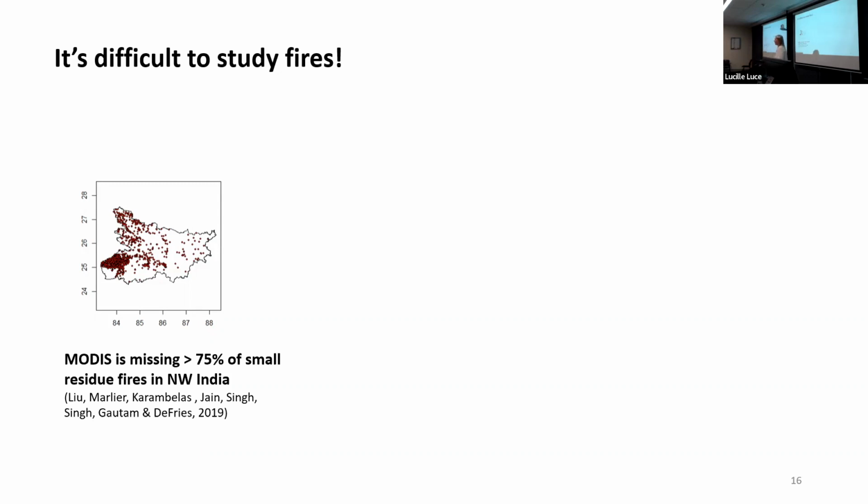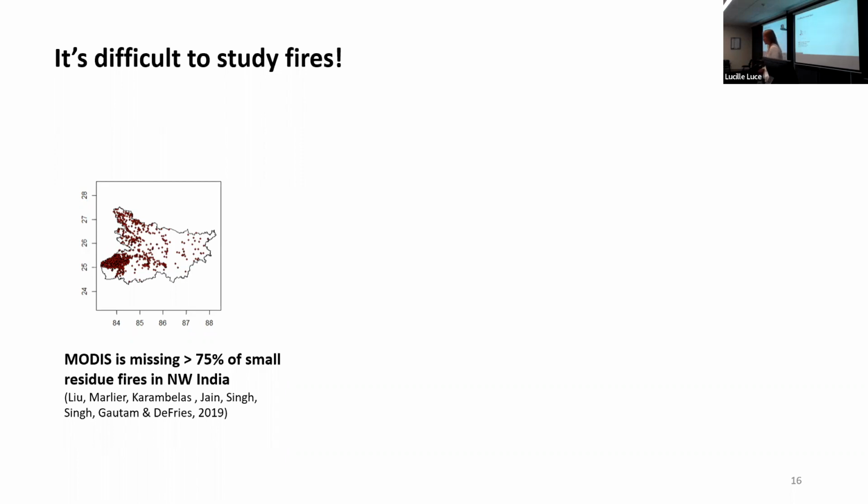And this is because these fires are small. They last half an hour. These satellites, depending on the instrument, might have only 2 or 4 passes a day, and they're also crossing over in a season where there's more haze and more clouds, and so there are a lot of omissions in these observations.